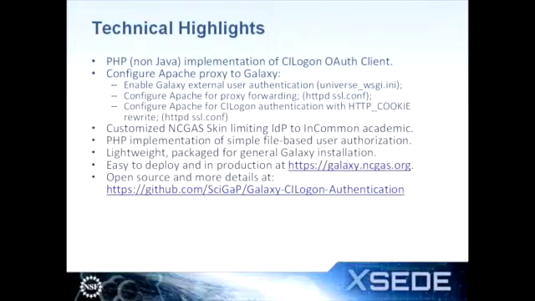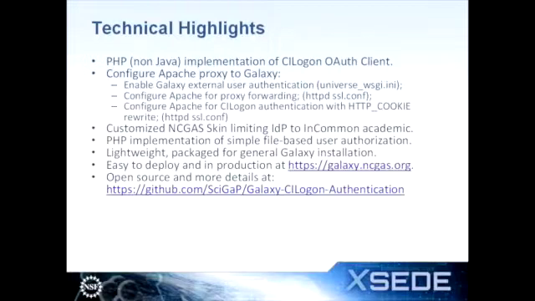So all the OpenID providers will be eliminated. And then we also had a simple PHP implementation for file-based user authorization. It's just a couple of lines in the PHP program. This implementation is pretty lightweight, and we have packaged it for the general Galaxy installation. It's currently deployed and in production at the NCGAS Galaxy main page.